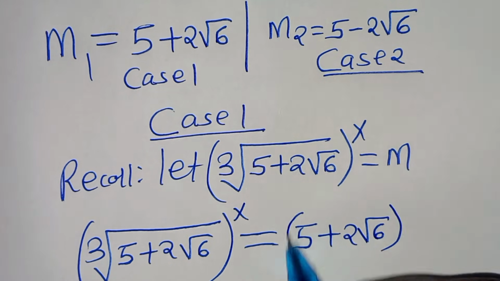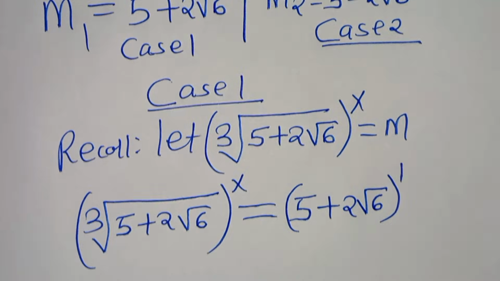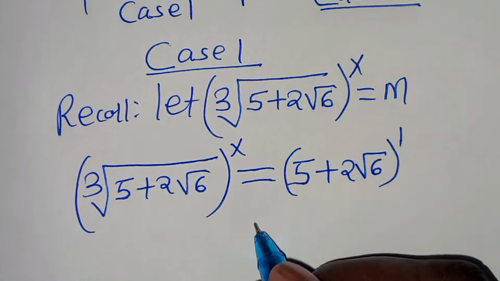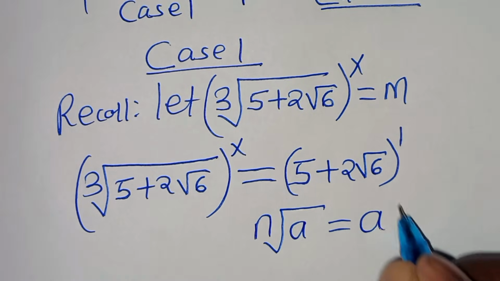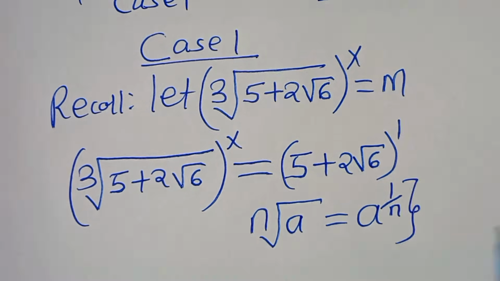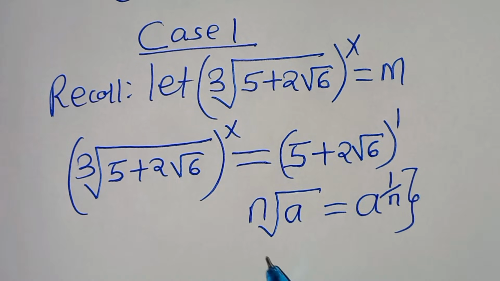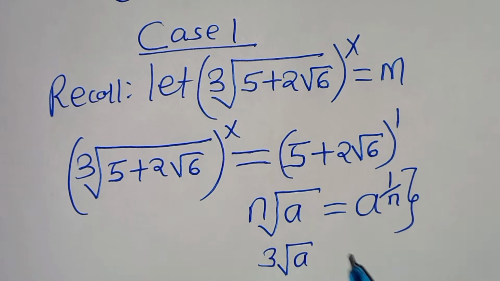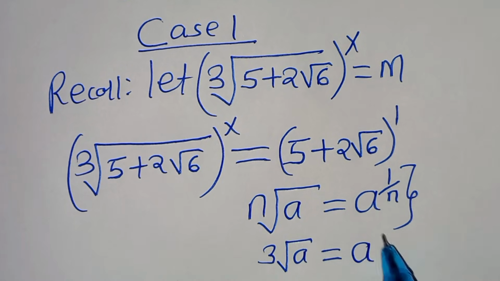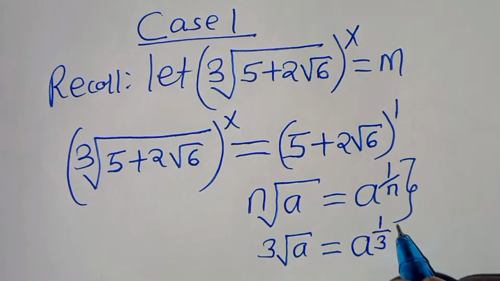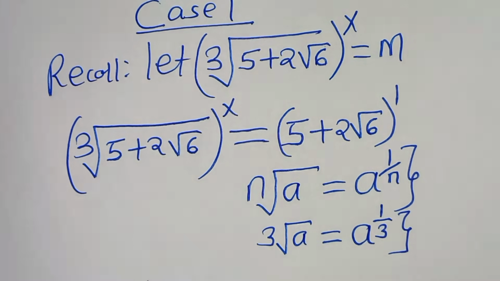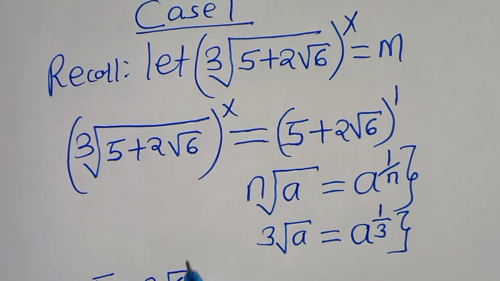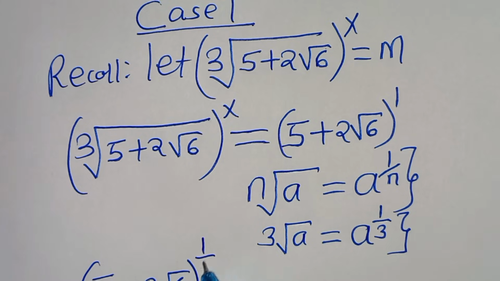Remember, this is raised to the power of 1. Now, we have that the nth root of a can be expressed as a to the power of 1 over n. This is to mean that the cube root of a can be expressed as a to the power of 1 over 3. Applying this property, what we have here is 5 plus 2 root 6 raised to the power of 1 over 3.